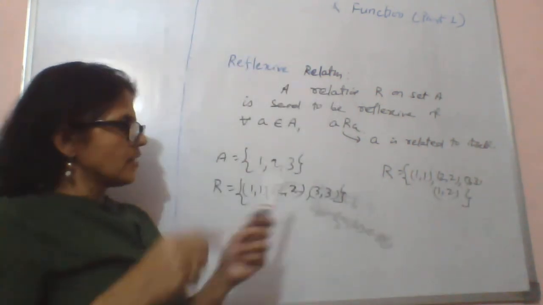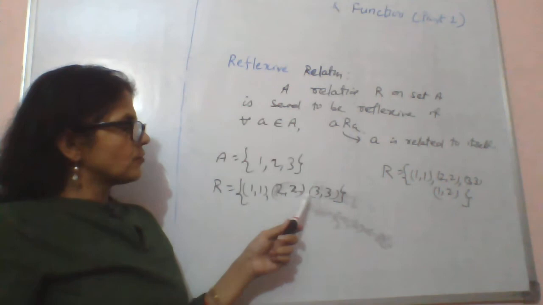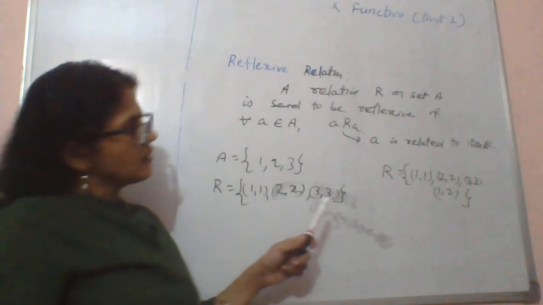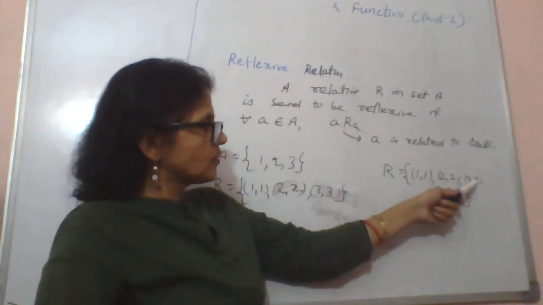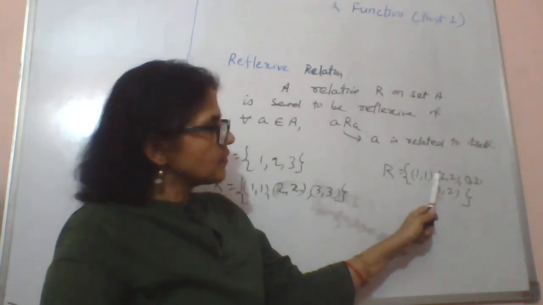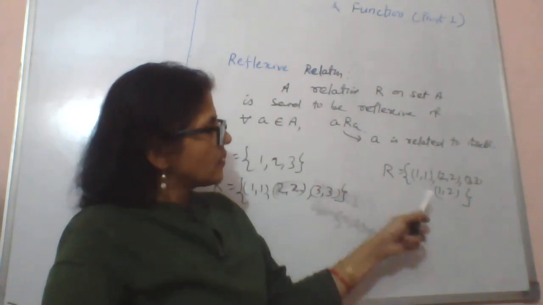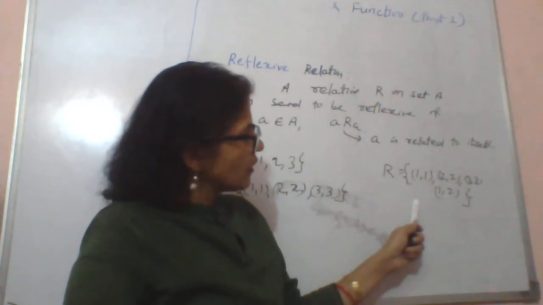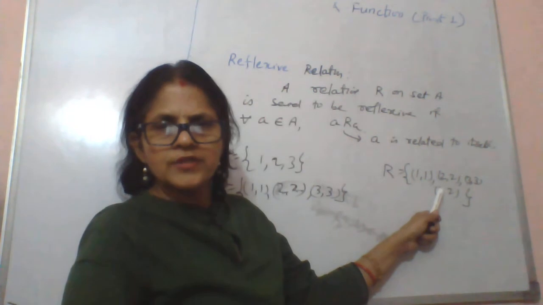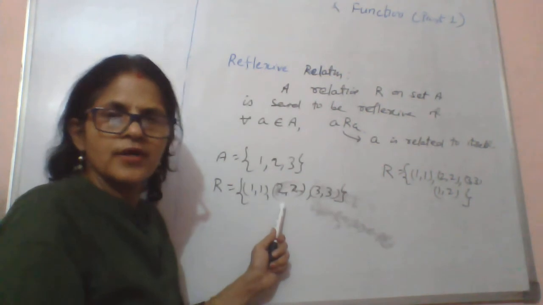So in this case this can be an identity relation, (1,1), (2,2), (3,3). This can also be reflexive. But in the case (1,1), (2,2), (3,3), (1,2), this is reflexive, but this cannot be an identity relation. It means we have (1,1), (2,2), (3,3), but even if we have one or two extra elements in the set, it's okay, it can be reflexive. But in the identity case we cannot take any extra relation.